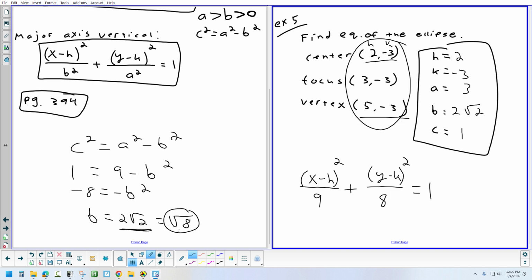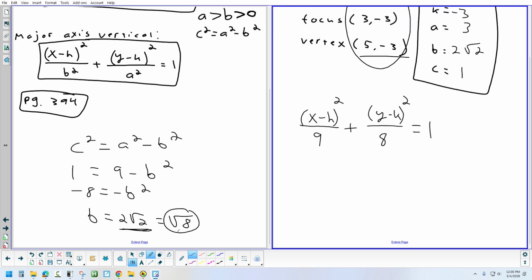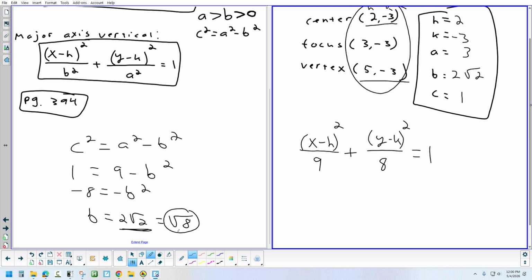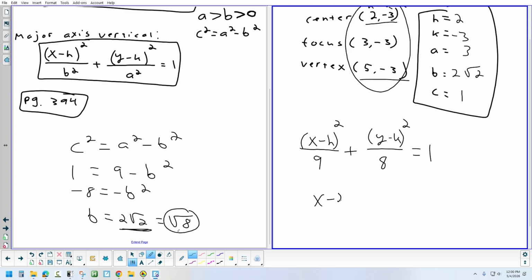But we actually have to fill in one more thing. Fill in for h. What do we get? 2. And fill in for k, we get -3. So what happens when I fill in -3 in the numerator?